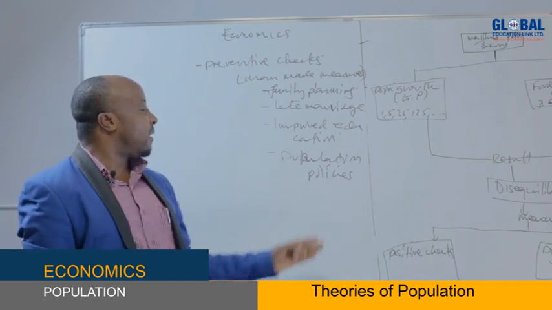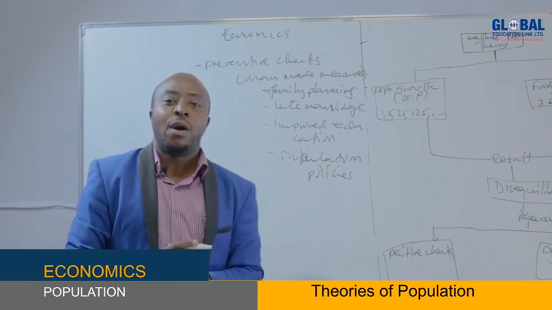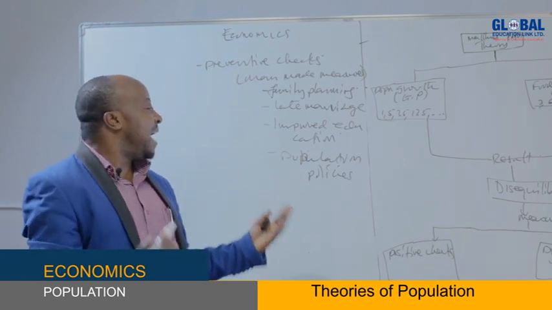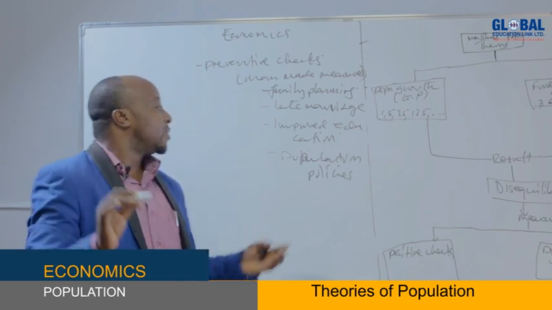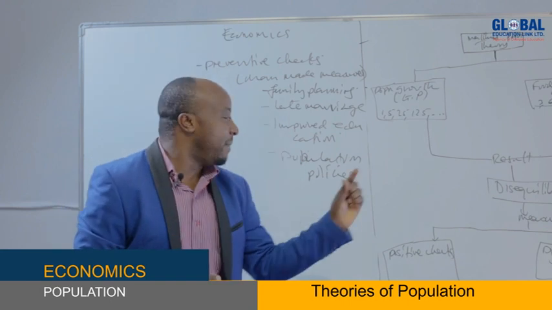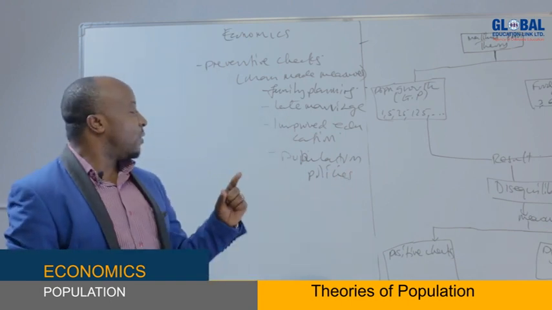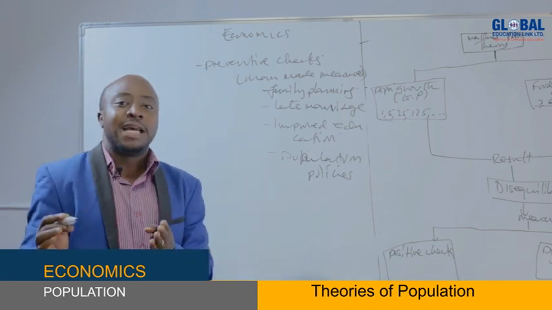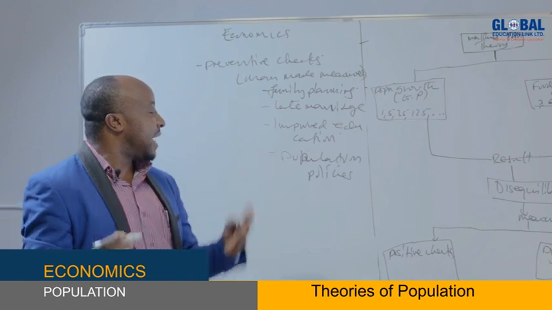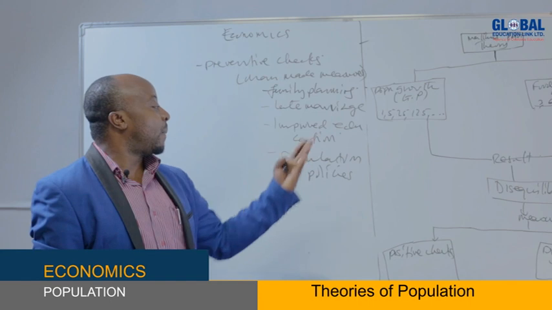For example, in China, they introduced the one-child policy. What is the meaning? They aimed at reducing birth, because the policy was aiming to make sure that each new family would only have one child. So the policy, which was enacted around 1978, was aiming to reduce birth or to reduce the rate of population growth.